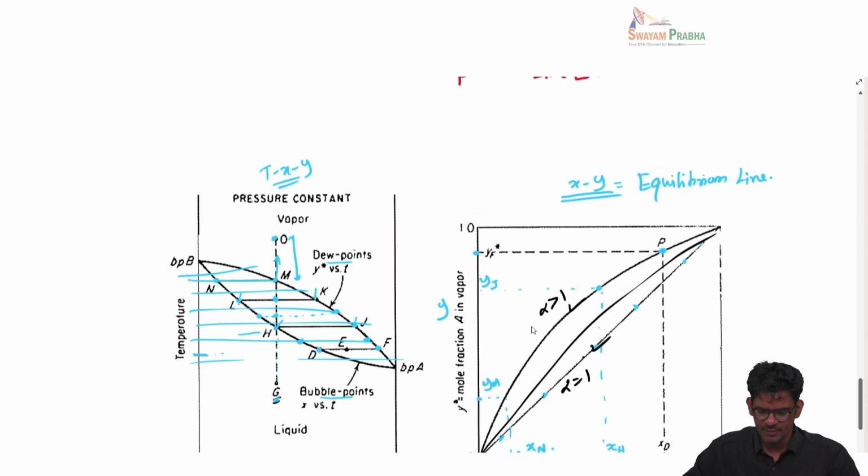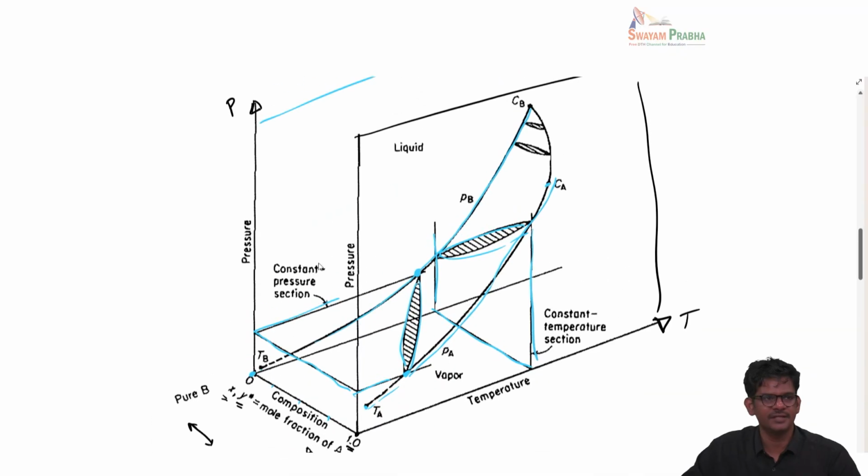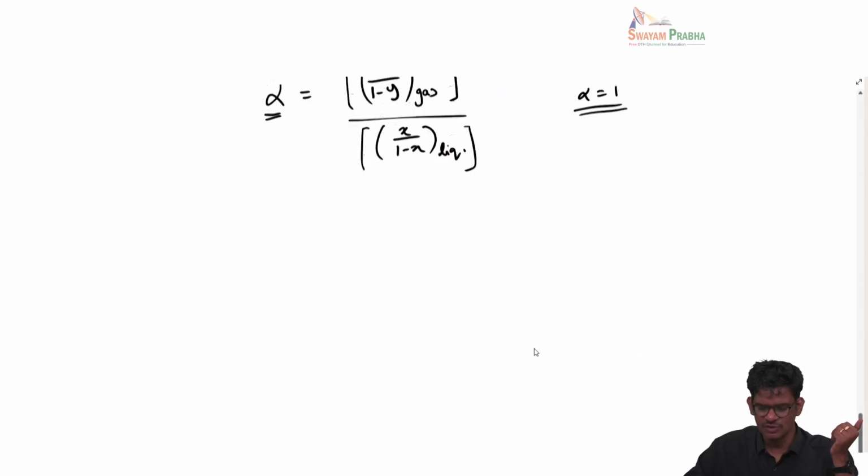Now, so far I've been talking about a TXY diagram where pressure was held constant. Another way is to go back to this entire three-dimensional phase diagram. Instead of looking at constant pressure, you can also look at constant temperature. Along the constant temperature line, you take a cut and see what the projection is, and that gives us what is called the PXY diagram.